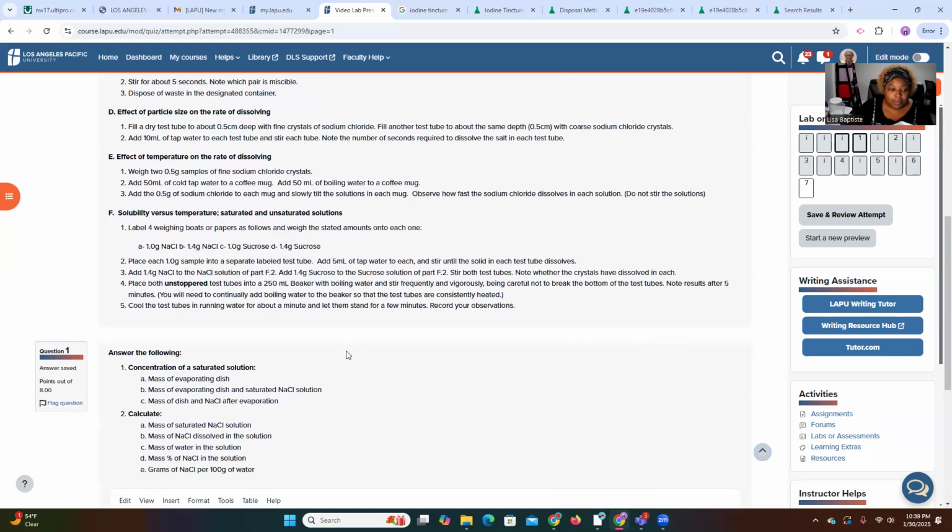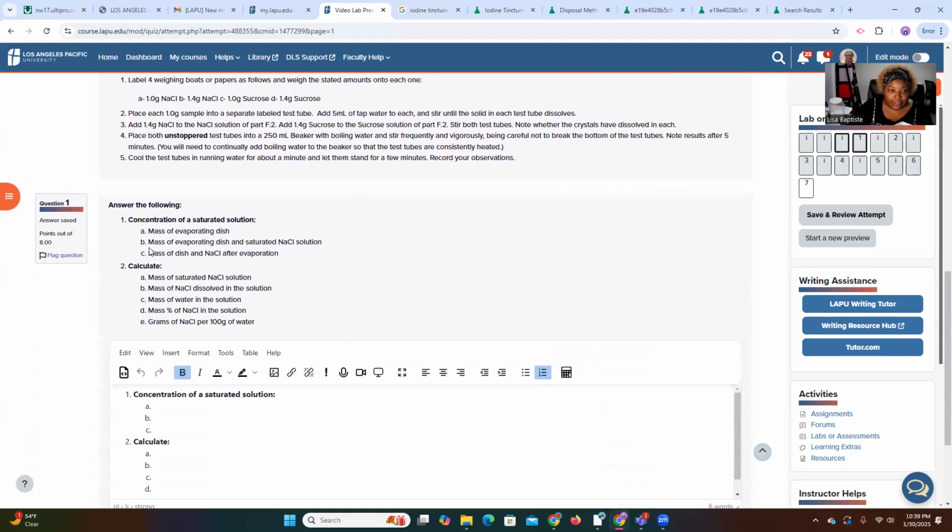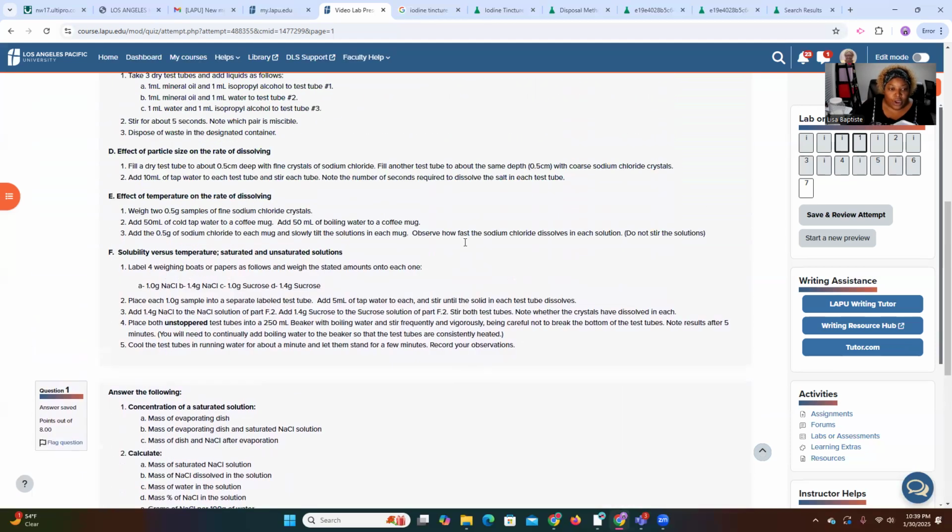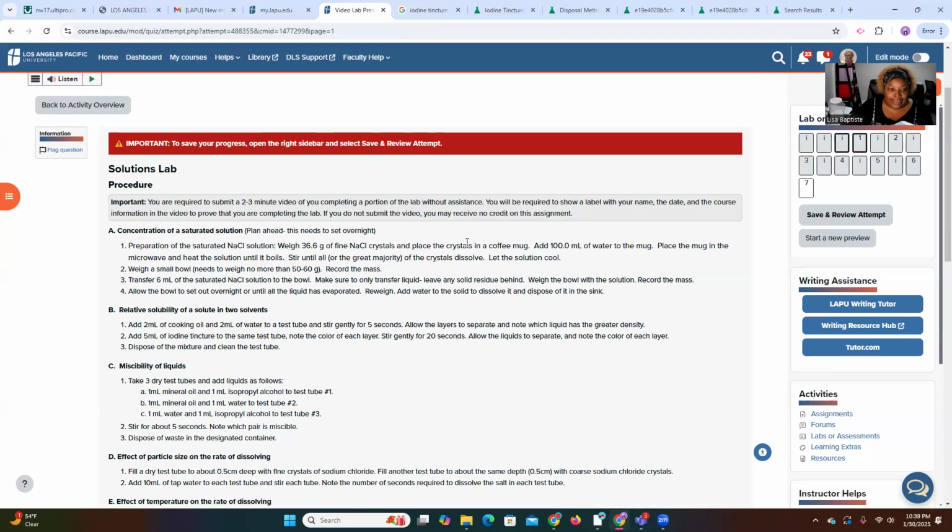It's going to give a particular mass. When you're talking about the mass of your weighing boat, unless it specifies that you need that mass, and you will need it when you weigh your small bowl, but for the weighing of the sodium chloride crystals, it does not say that you need to know the weight of your weighing boat.